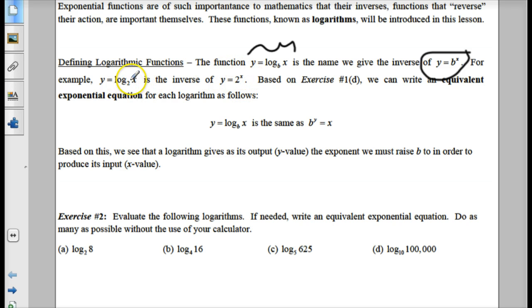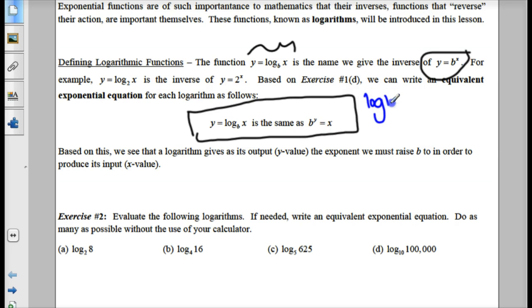You always take the little number in the bottom and you raise it to the base. So this is our general rule that we need to remember. One simple way that I like to remember this is saying the log of 100 equals 2.